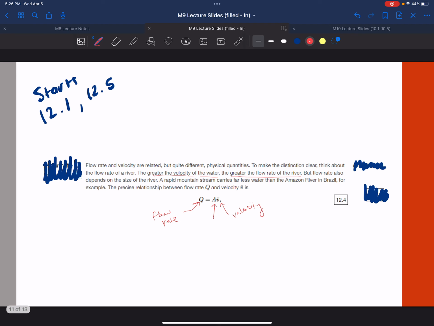Well, I don't think I actually showed y'all this part. There's another way we can look at flow rate. So we can also say Q equals V over T, and this time, this is a capital V, and velocity is lowercase. V stands for volume, and T stands for time. And I'm sorry I didn't show you all that.